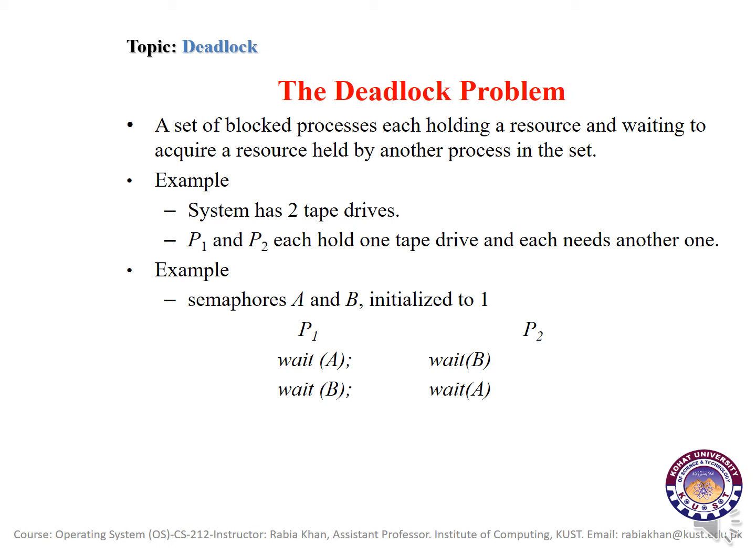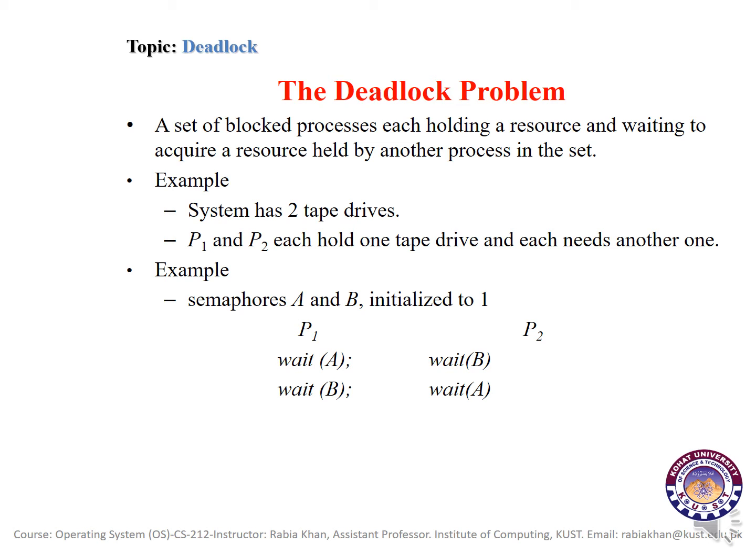Block state, as mentioned in the definition, is the state, also known as waiting state, when a process is waiting for some resource to be assigned to it, or it is waiting on the resource or getting executed on the resource.